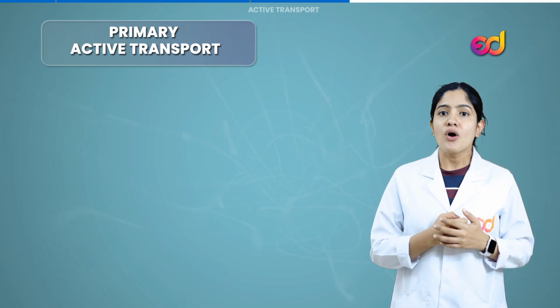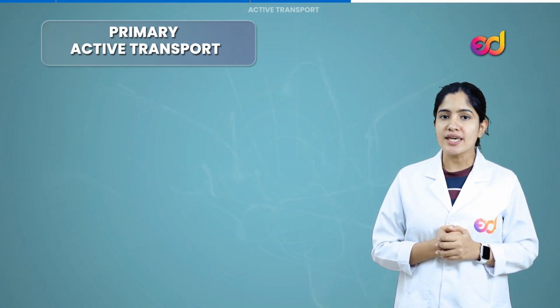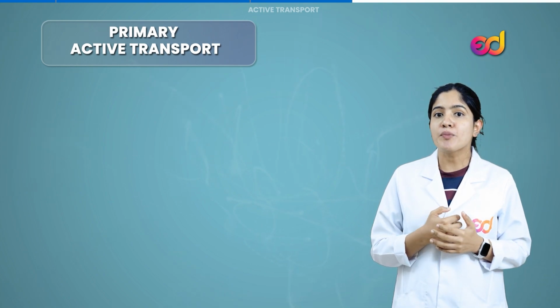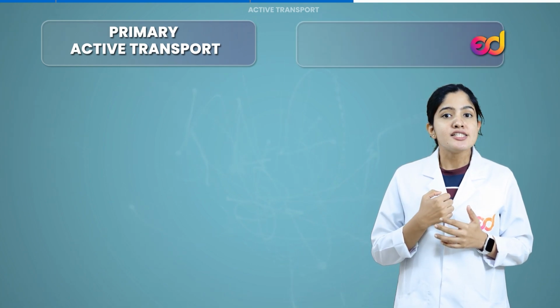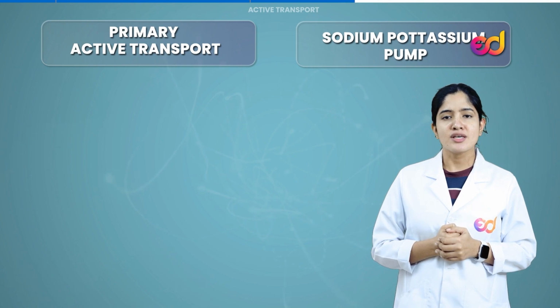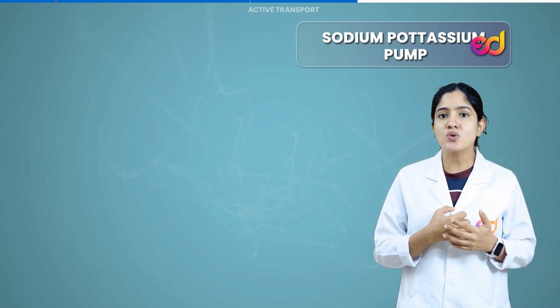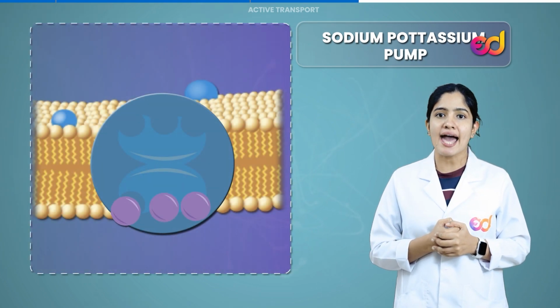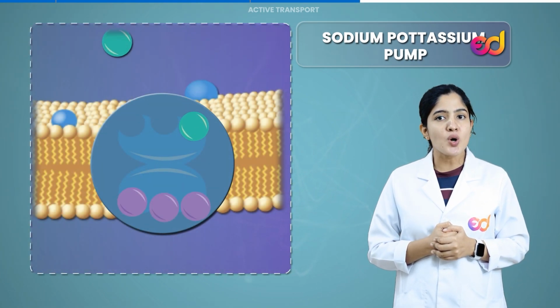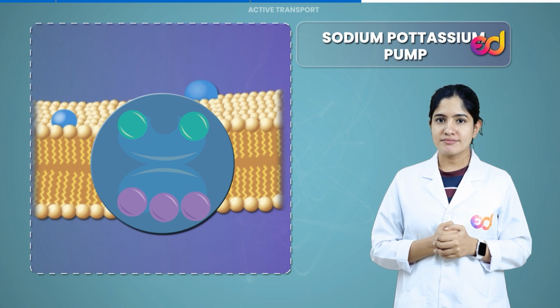An example of primary active transport is the transport of sodium and potassium by the sodium-potassium pump. Sodium and potassium ions are transported across the cell membrane using this carrier protein called the sodium-potassium pump.